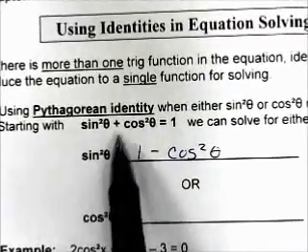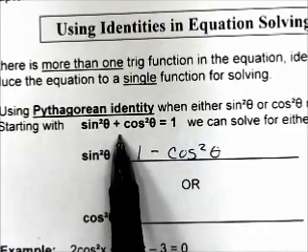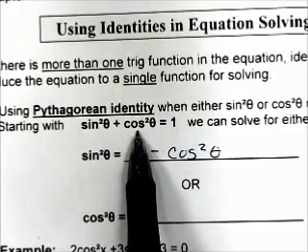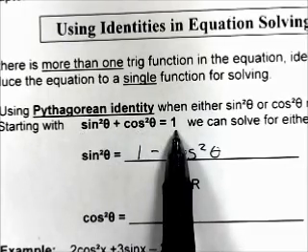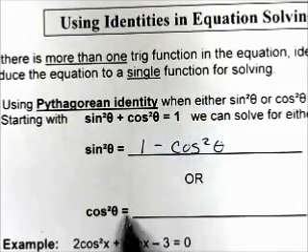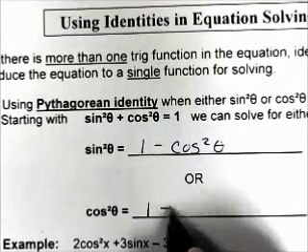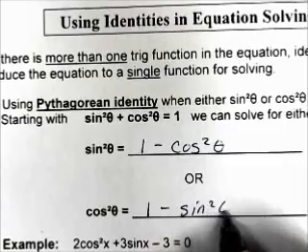Or suppose we wanted cosine squared theta by itself. We simply subtract sine squared theta from both sides, and that would lead us to cosine squared theta equals 1 minus sine squared theta.